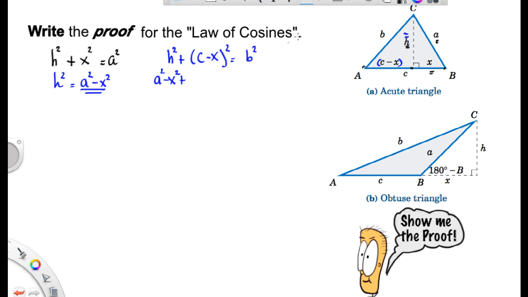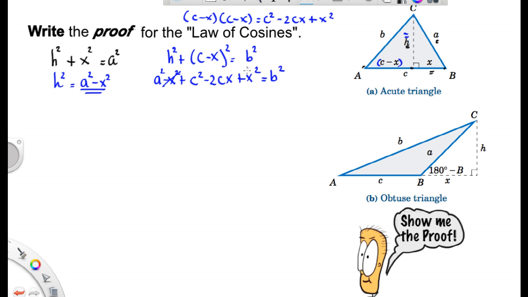I'm going to FOIL c minus x, so keep in mind that c minus x times c minus x: c times c is c squared, I get minus cx twice, so minus 2cx, and then x times x with a negative cancels out, giving plus x squared. So c squared minus 2cx plus x squared is equal to b squared.